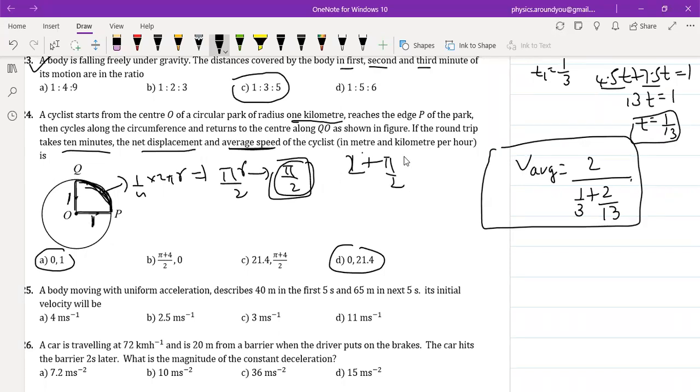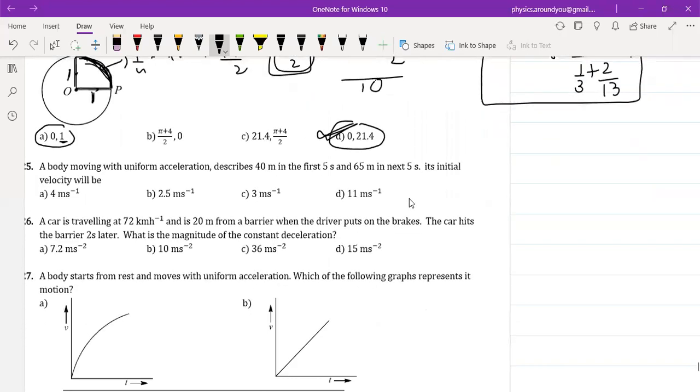Total distance is always an irrational number. When you divide an irrational number by a rational number like 10 minutes, you're never going to get a wonderful number like 1. Instead, you will be getting something in decimals. So D is the right option. You can either calculate it fully and then answer D, or just see that pi by 2 is an irrational number. I can't get 1 with this combination, so it should be D.